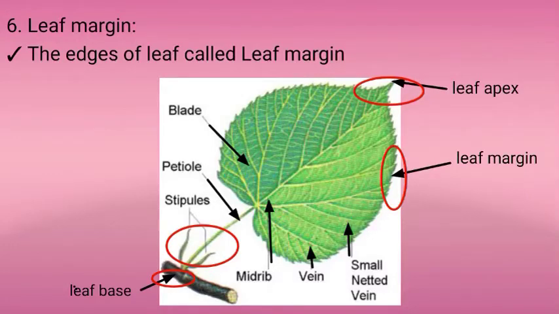The green, flattened structure of the leaf is called blade or lamina, which contains the midrib in the middle. So, it forms veins and veinlets. The tip of the leaf is called leaf apex. The edges of the leaf are called leaf margins.